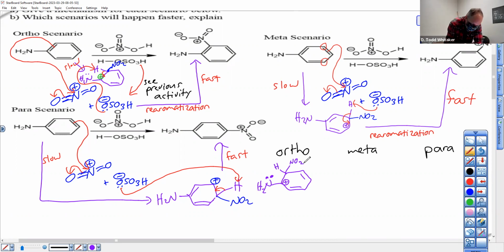And the meta cation, I'm just going to copy it right above. Should be easy to copy. And NH2. And the para cations to the left.